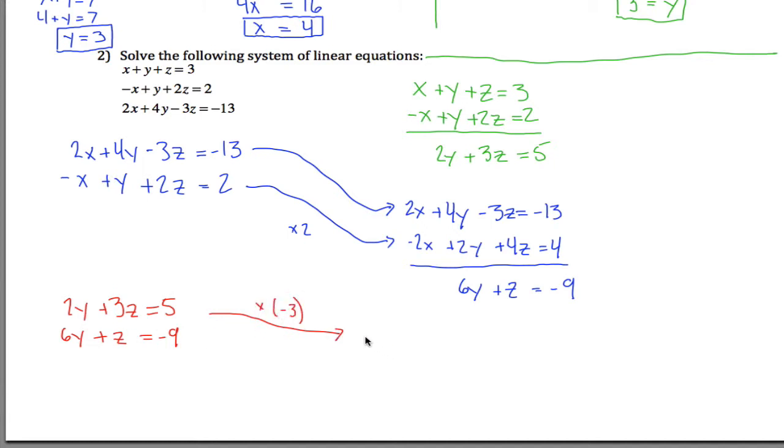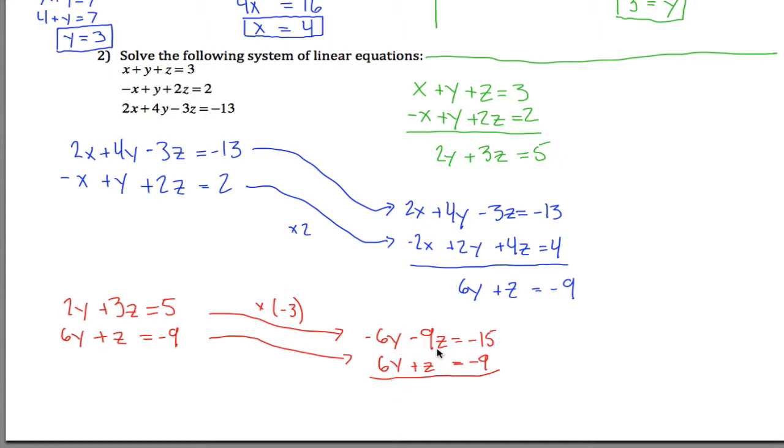Negative 3 times 2y gives me negative 6y. Negative 3 times 3z gives me negative 9z. And negative 3 times 5 gives me negative 15. And then if I just copy this second equation exactly, 6y plus z equals negative 9, then when I add the equations, negative 6y and positive 6y will cancel out.